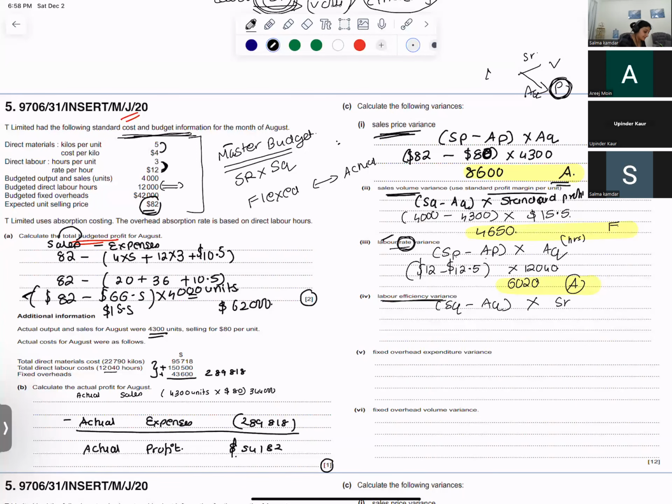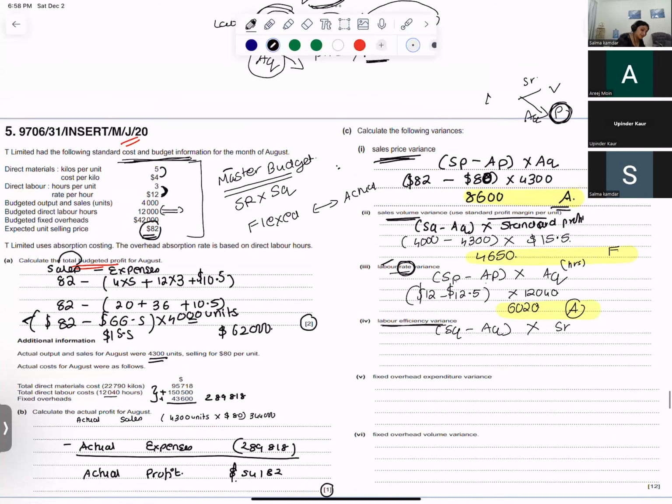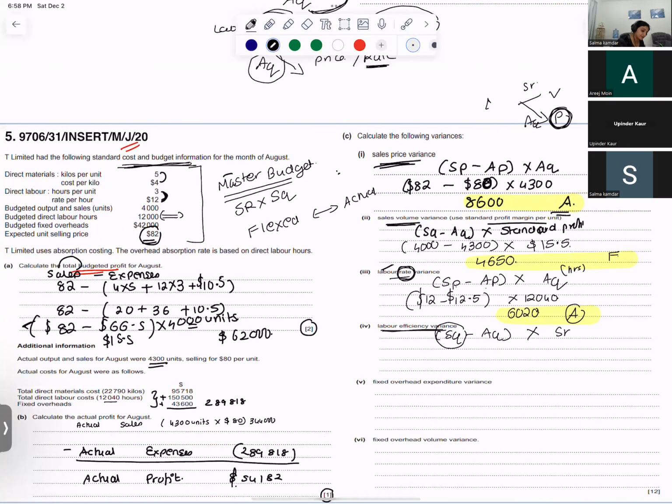Your standard quantity was 12,000 hours for 4,000 units, so 3 hours per unit.